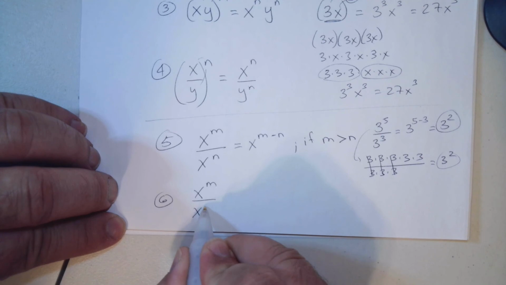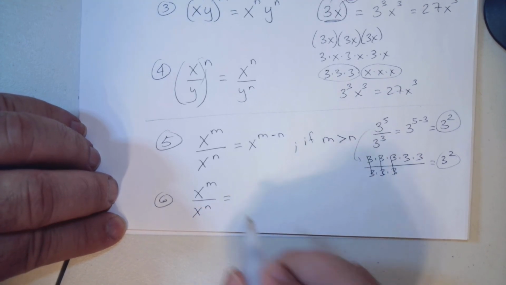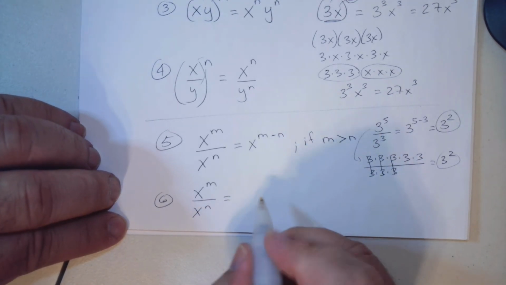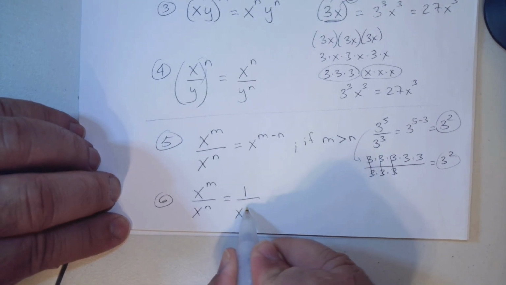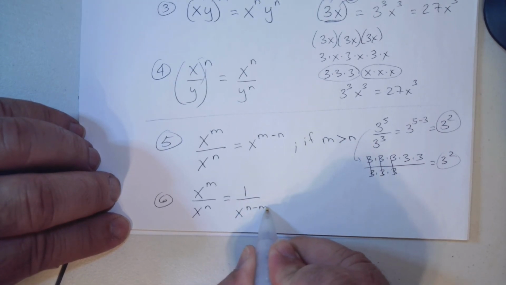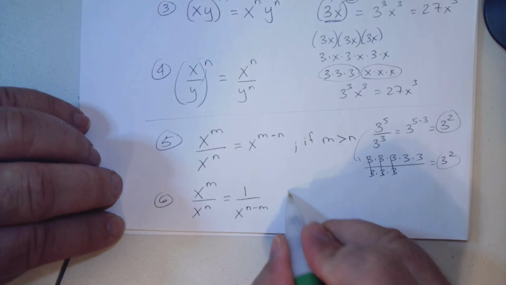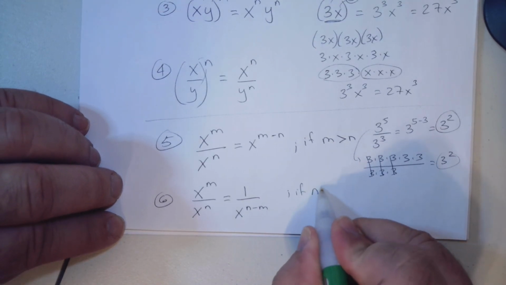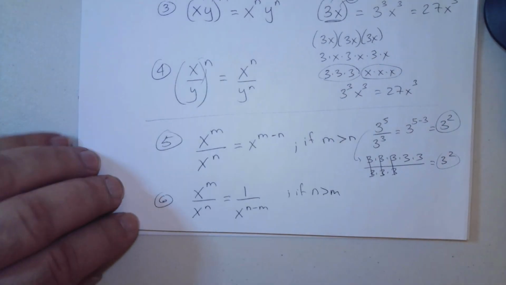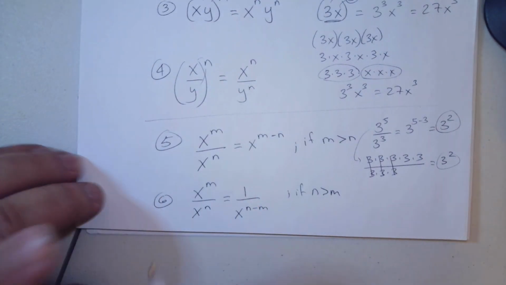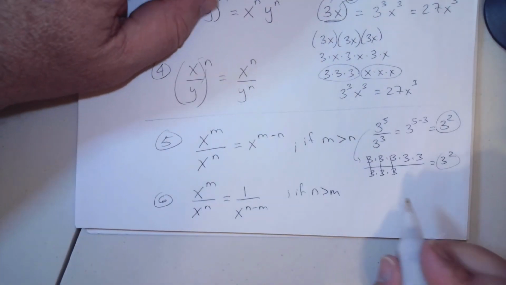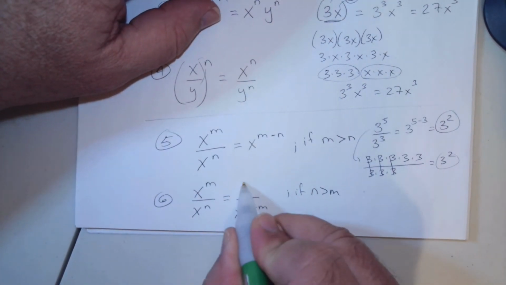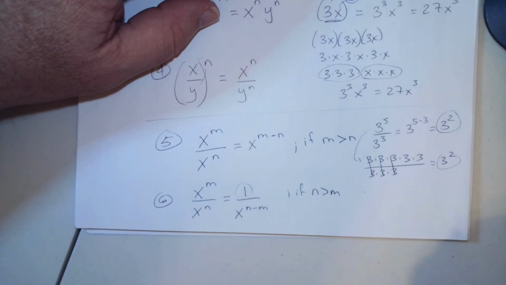Same part. If n is bigger than m. So in other words, when we have fractions, always go to where the bigger exponent is. And since you move this one, there has to be something left in its place.